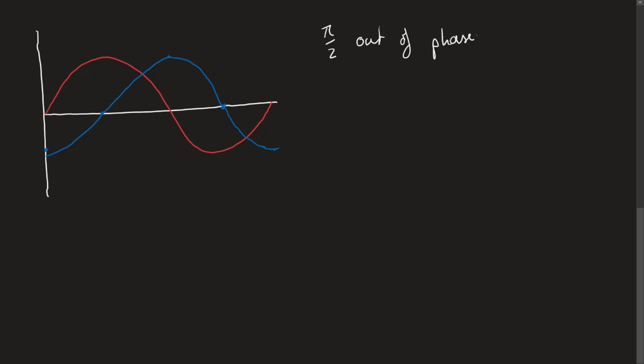Okay, now we're going to do exactly the same thing we've done, but you'll find that in some places when things are out of phase, you'll get constructive interference, while in other places you'll get destructive interference. For example, here we're adding a 0 and a minus a, so this is going to become minus a, because minus a plus 0 is going to give you minus a. Okay, this point here is going to be 0 plus a, so that point is going to be a.